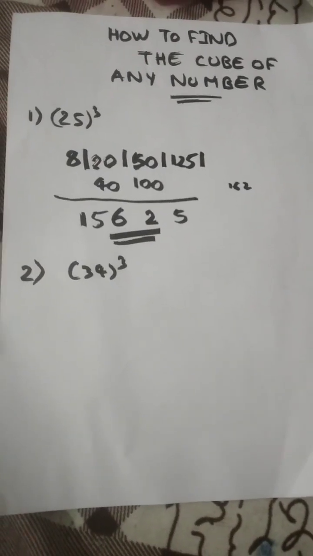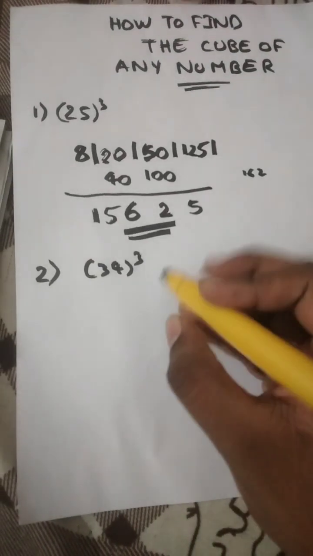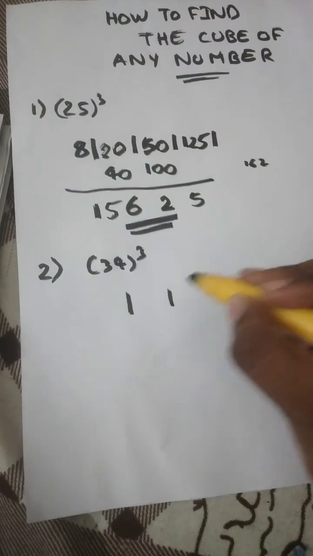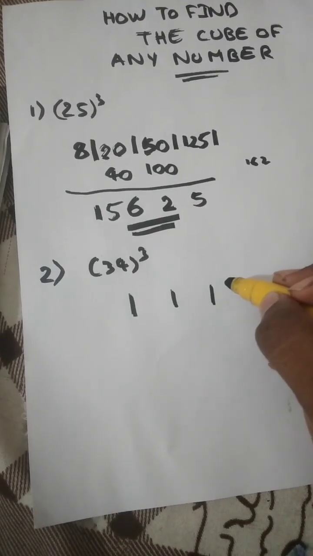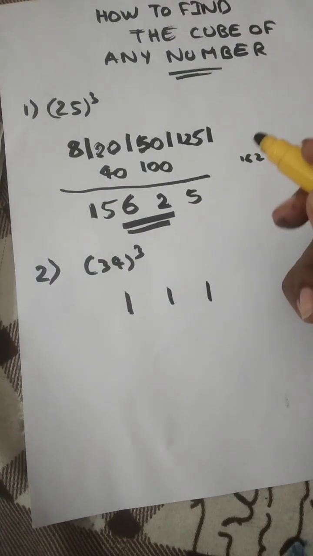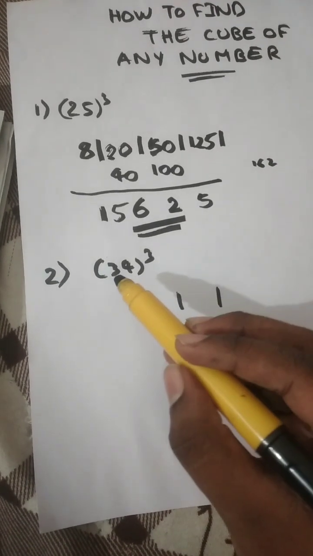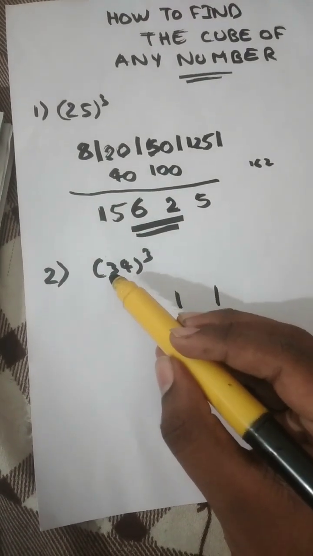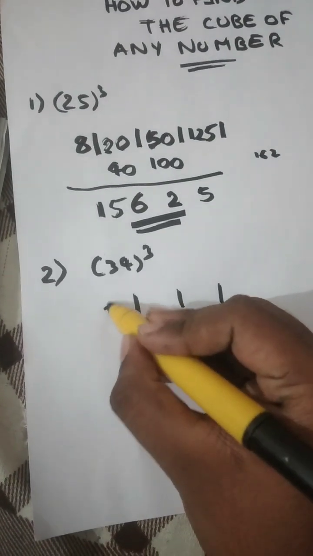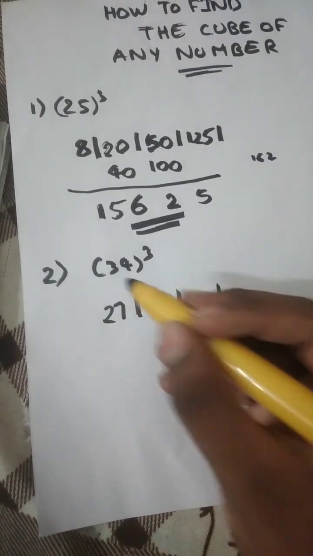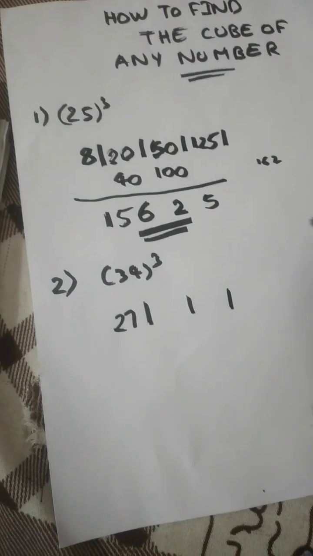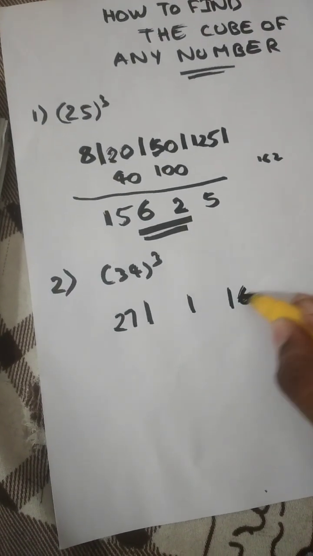34 cubed. How can we find the cube of 34? Write 3 lines here. 4 lines are not required, so only write 3 lines. The cube of 3: 3 into 3 would be 9, and 9 into 3 would be 27. The cube of 4: 4 into 4 is 16, and 16 into 4 would be 64.